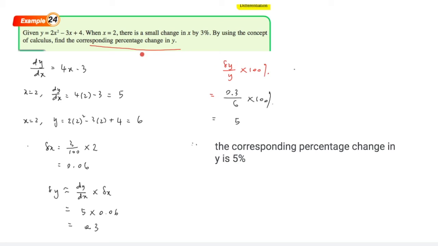Then last, you need the percentage change in y, which is delta y over original y. The original y you find by substituting x equals 2 into your original function. So delta y over y times 100% gives the corresponding percentage change in y.